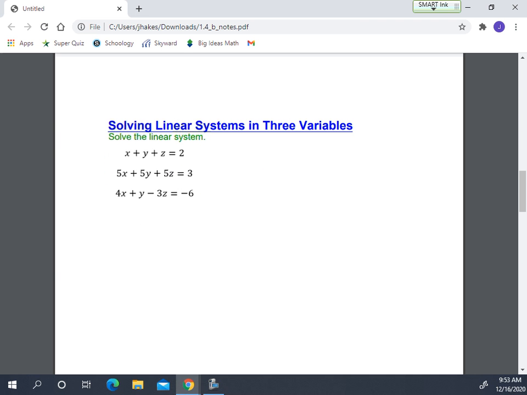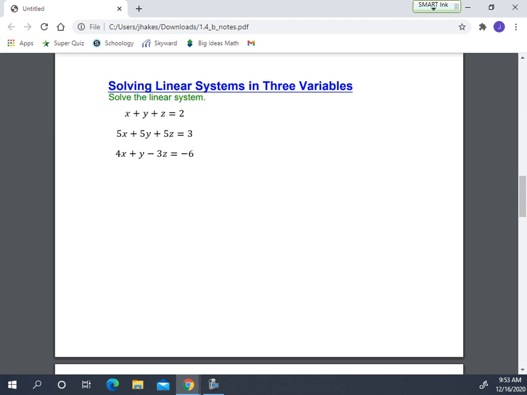The second one. Try to solve this as easily as possible. I noticed that this first one is all ones, and this one is all fives. So if I multiply this first equation by -5, I have to distribute to each piece.